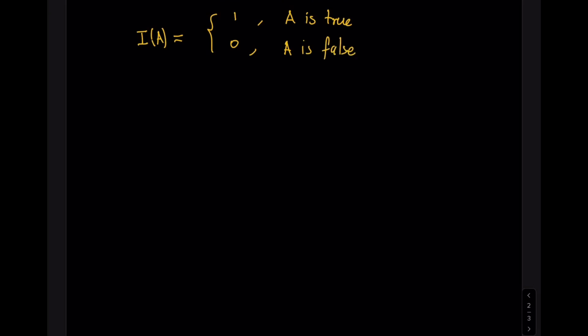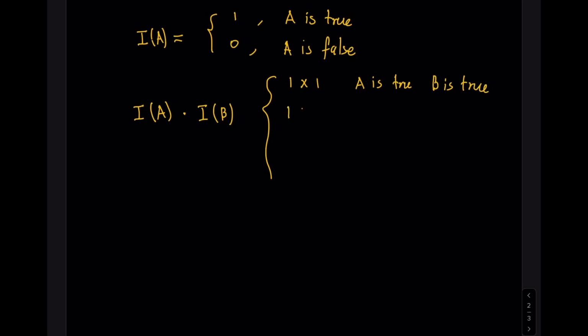So if we were to look at two indicator functions multiplied together, say indicator function A times indicator function B, what would this come out to be? Well, there are actually four possible scenarios that could happen. You've got 1 times 1, which would occur if A is true and B is true.